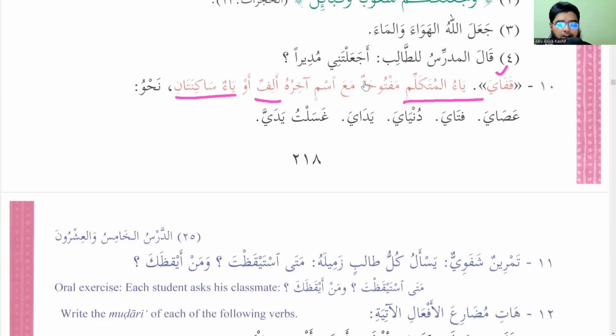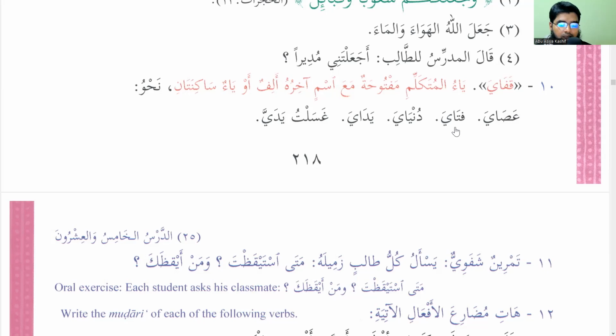For example, asaya. Why is this fatha? Why not asai with a sukoon? Because you're elongating, no? It would become asai. So you say asaya to make it clear.